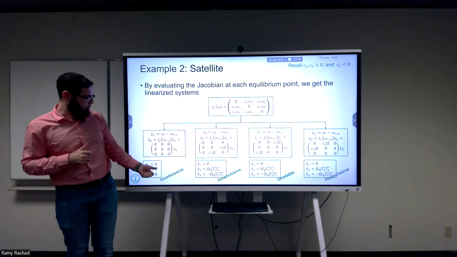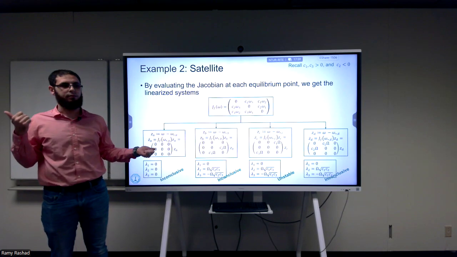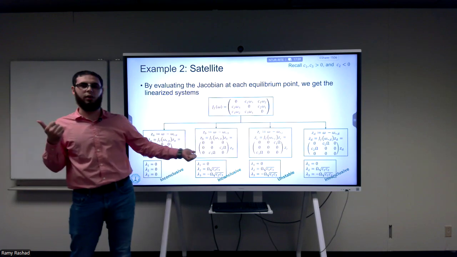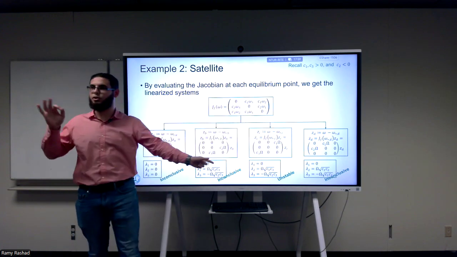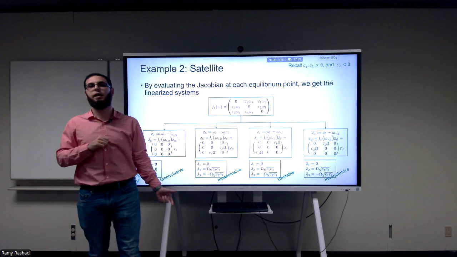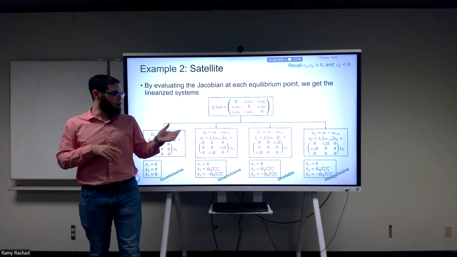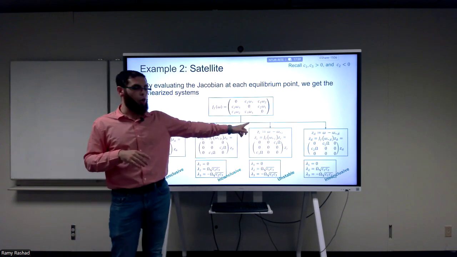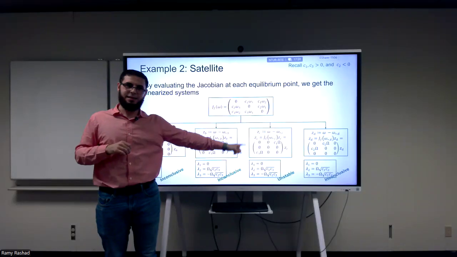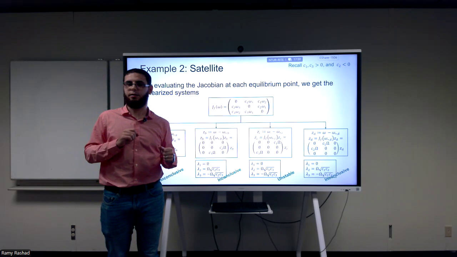So in the end, we conclude that for the first equilibrium point, we cannot say anything. The method is inconclusive. The second one, the method is inconclusive. The last one, the method is inconclusive. But the third one, which is the interesting result, is unstable. And this is very interesting by itself. Even though we couldn't say anything about the remaining 3, knowing only from Lyapunov's indirect method that this equilibrium point is unstable is very interesting.